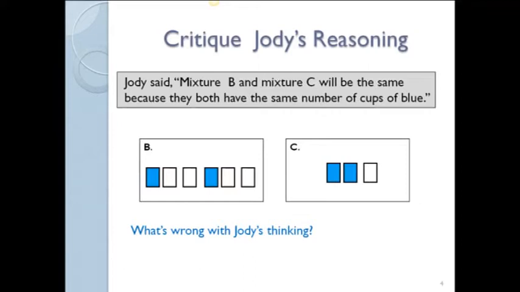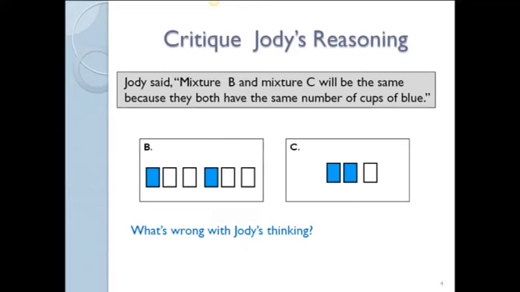In the spirit of the math practices, let's make viable arguments and critique the reasoning of others. Jody said mixture B and mixture C will be the same because they both have the same number of cups of blue. What's wrong with her thinking? They clearly do have the same amount of blue, but B has much more white than C, so B must be lighter.